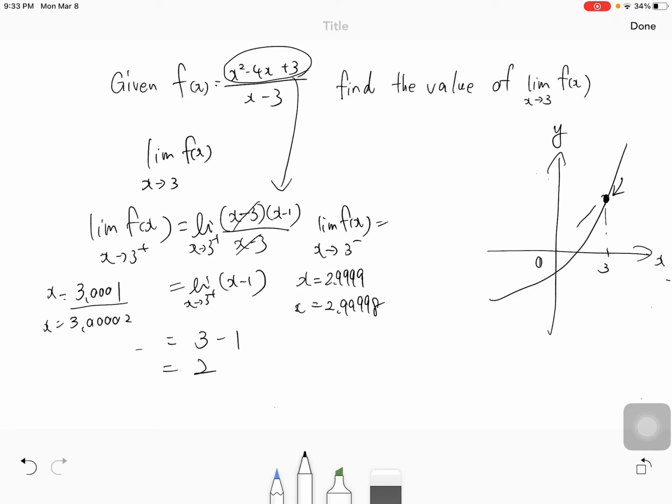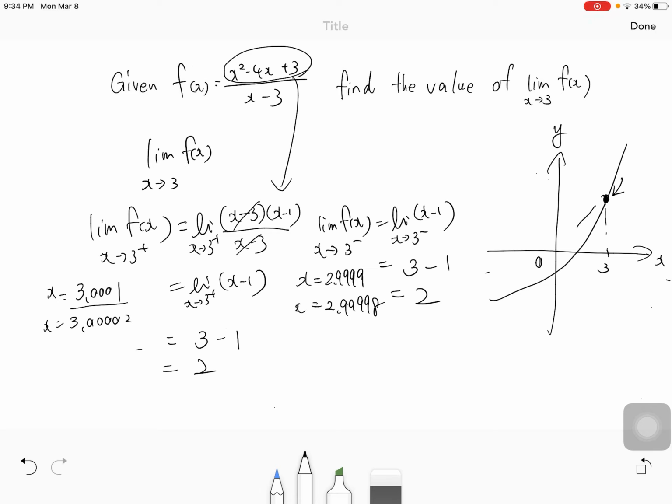Okay, then next, let's find the value of limit of f of x as x approaches 3 from left side. As I calculated, f of x is x minus 1, as x approaches 3 from left side. Then again, you can just plug in 3 into x minus 1, which is 2.